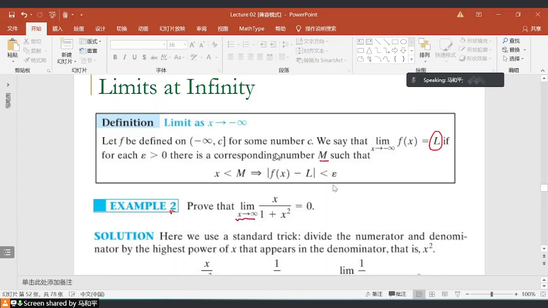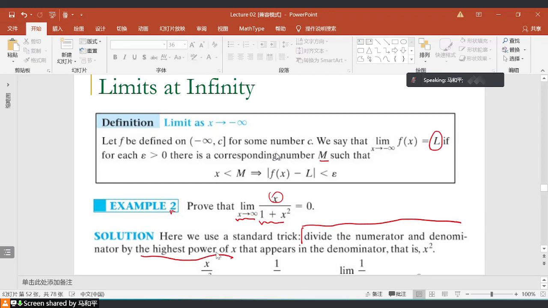Here, we use a standard trick. We should divide. This is very important. Divide the numerator, x, and the denominator, 1 plus x squared, by the highest power of x that appears in the denominator.